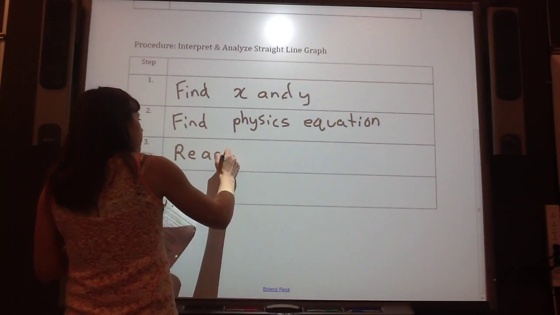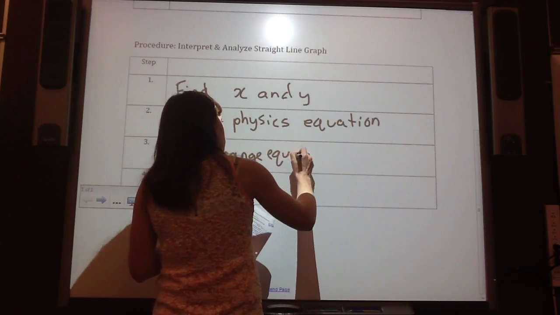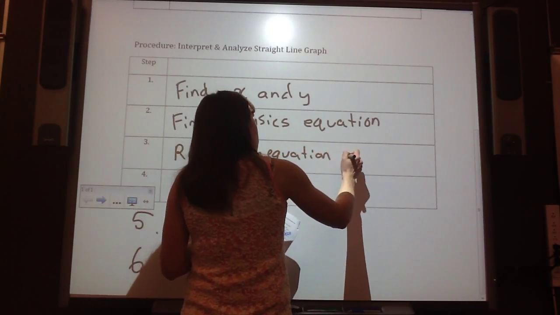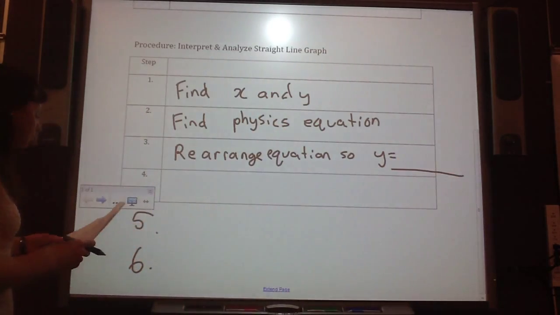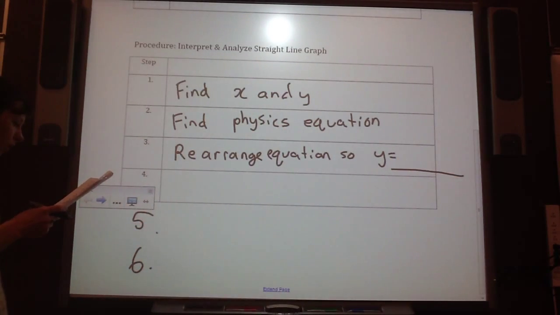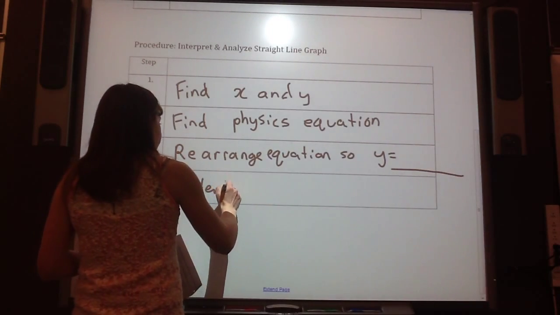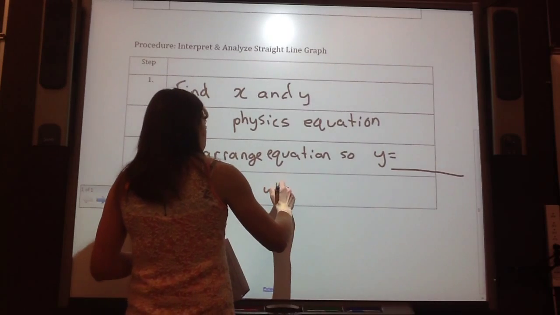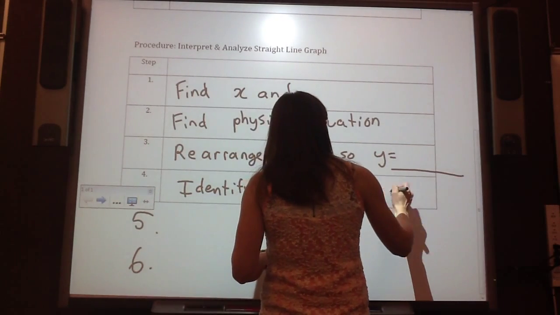Number 3, rearrange equation so y is equal to everything. Identify where x is in formula.